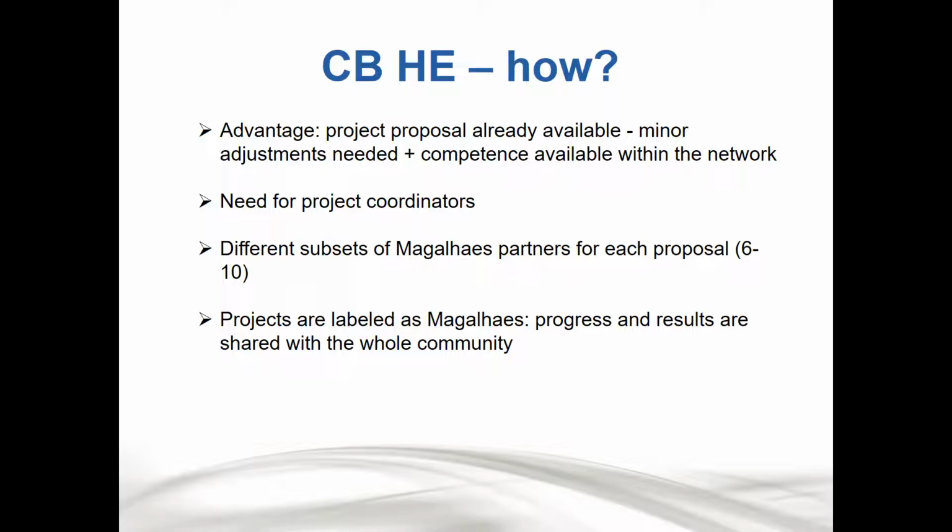And as I said, typically in this type of project, we have between 6 and 10 partners. This is a size that is feasible. If we have a couple, 2 or 3, then most Magallanes partners might in principle be involved. And as I said, label these projects as Magallanes so that the whole community takes advantage of it, and the network becomes more visible.